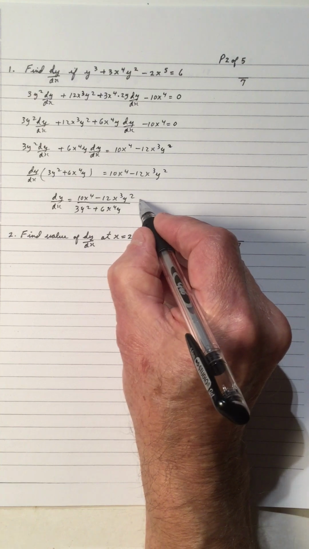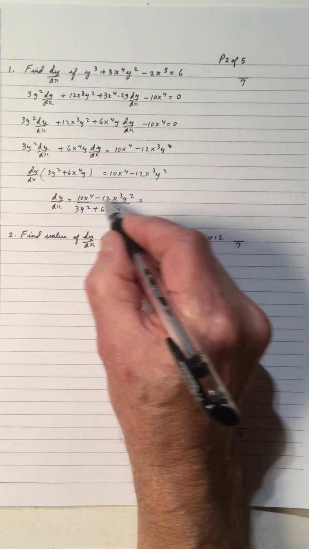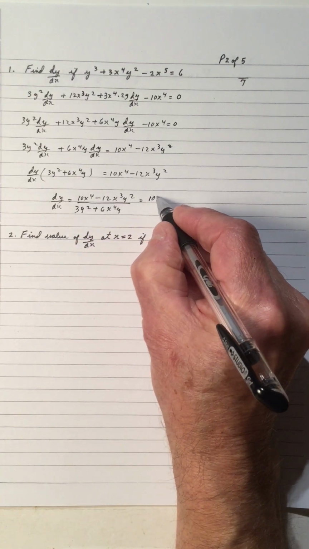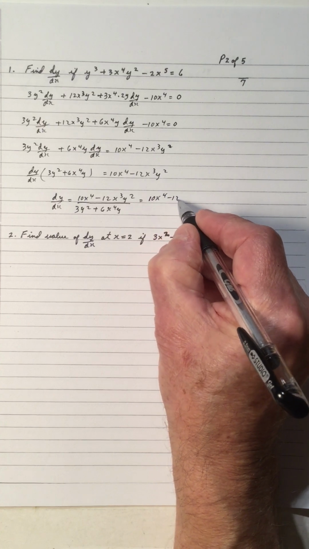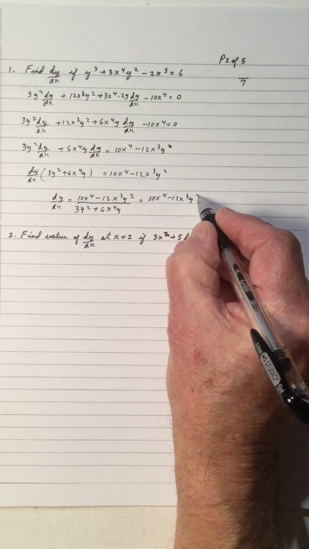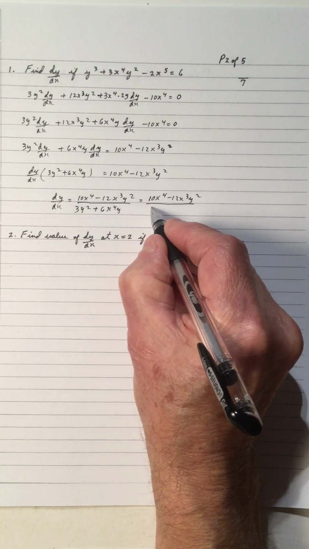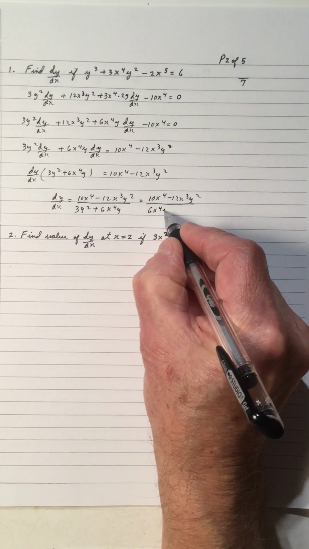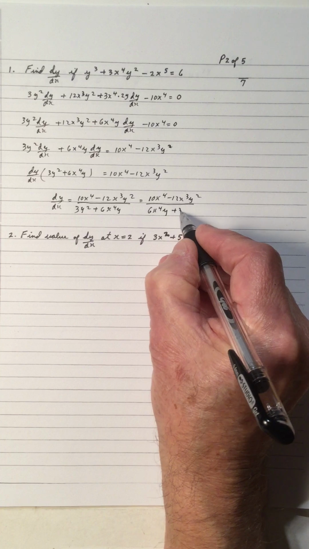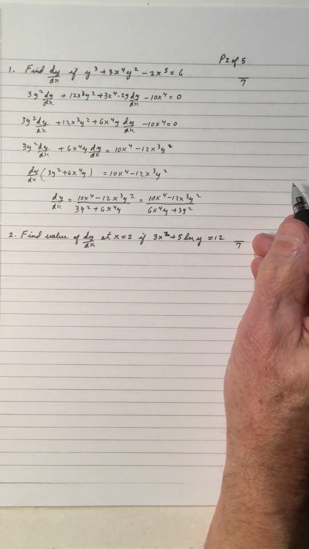If we want, we can have all of this in descending powers of x first, so it's 10x to the fourth minus 12x cubed y squared over 6x to the 4 y plus 3y squared.